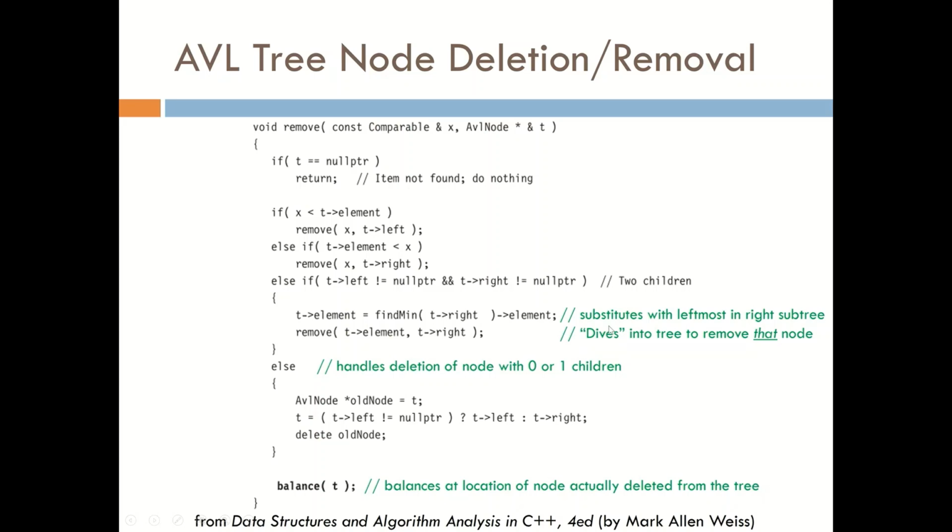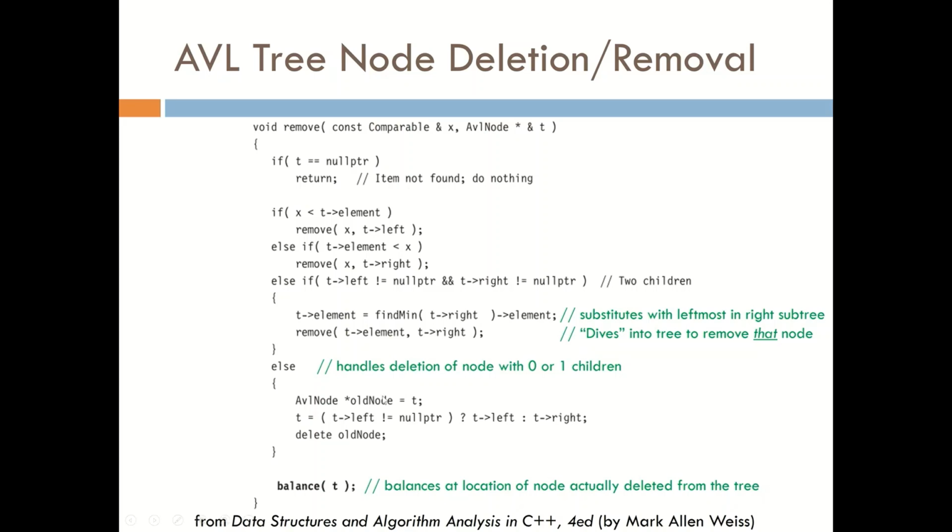remove that node. You'll remember that when we delete by copying, we don't actually delete the node that we say we're quote unquote deleting. We delete a node that's either the leftmost in the right subtree or the rightmost in the left subtree.